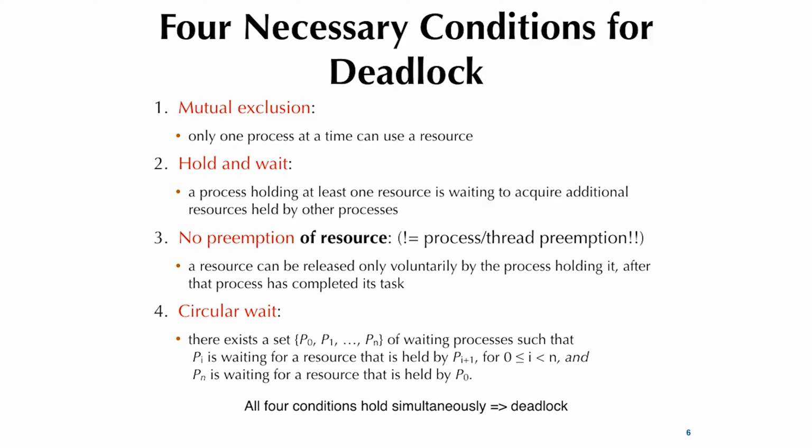But doing resource preemption is very tricky. Sometimes you can't even do it for certain resources. Other times it's just very costly. So what would be an example? Well, one example is a supermarket checkout line.